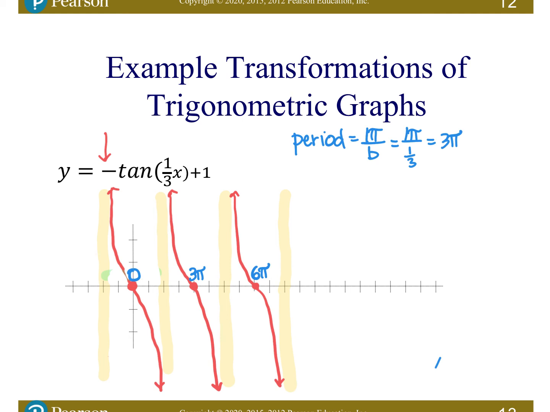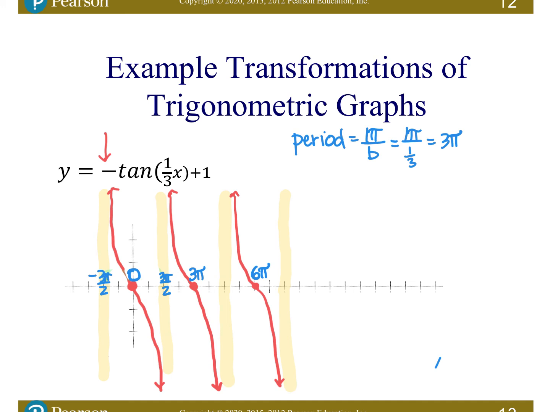Well, we have to measure what's between 0 and 3 pi. That would be half of that, so 3 pi over 2. And this one would be negative 3 pi over 2. And those are equally spaced.